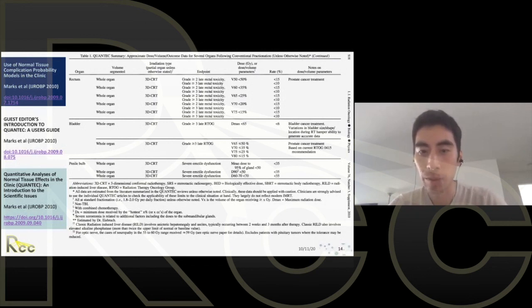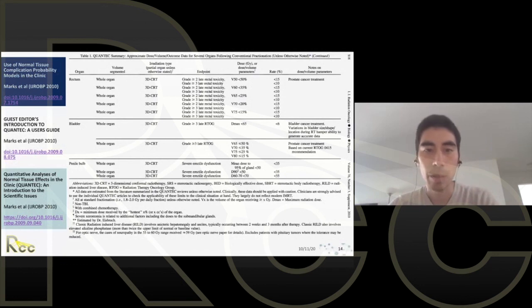So if you're doing something where you're doing more than 5 gray per fraction, I think the better thing to look at is the TG101 guidelines. This was a more recent report from the AAPM looking at hypofractionation dose limits for OARs for 1 fraction, 3 fraction, and 5 fraction treatments.